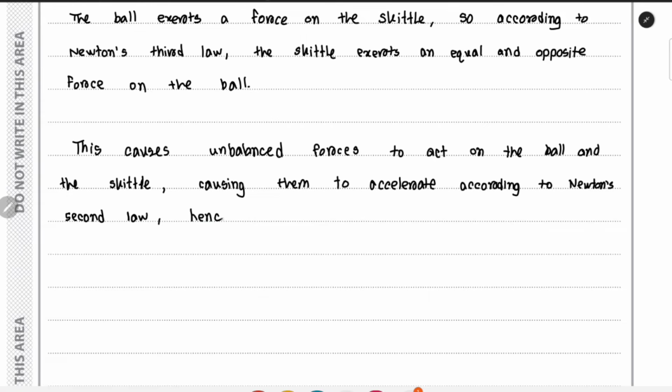Hence, the skittle accelerates and the ball decelerates.